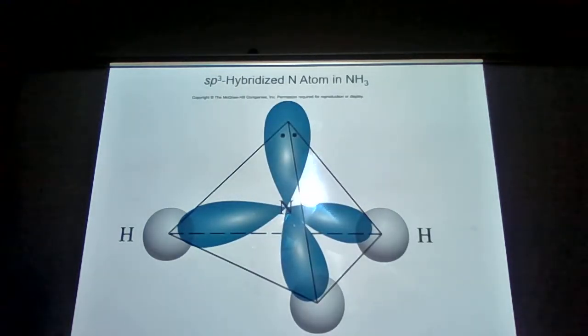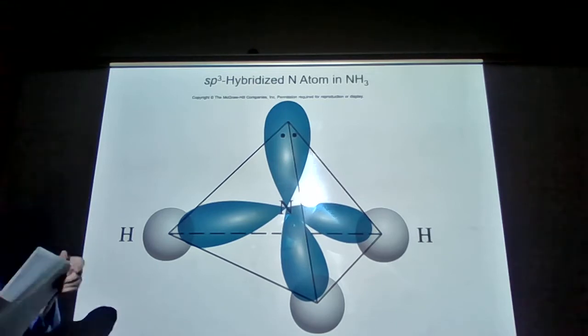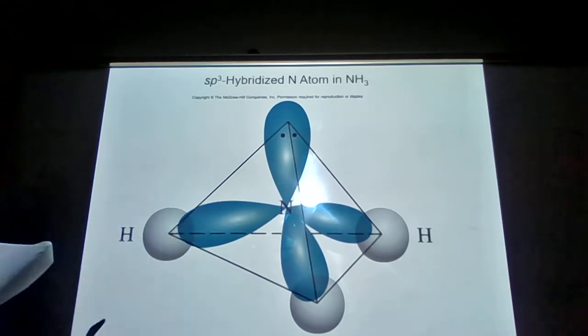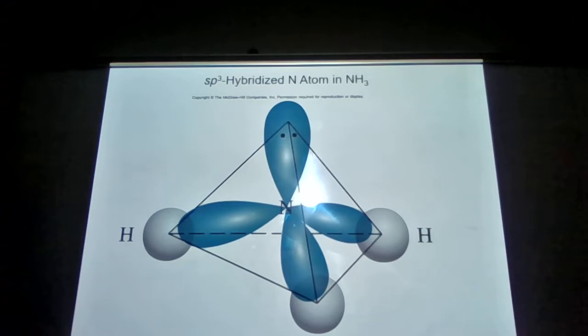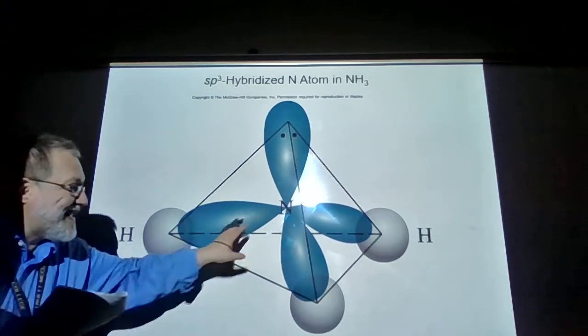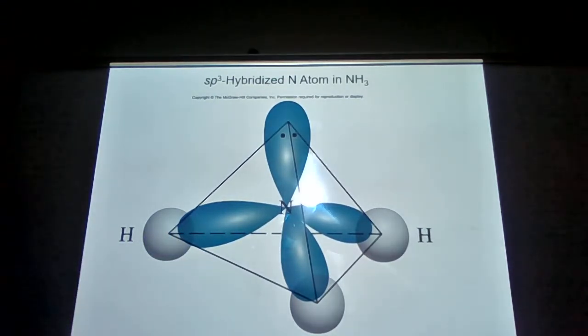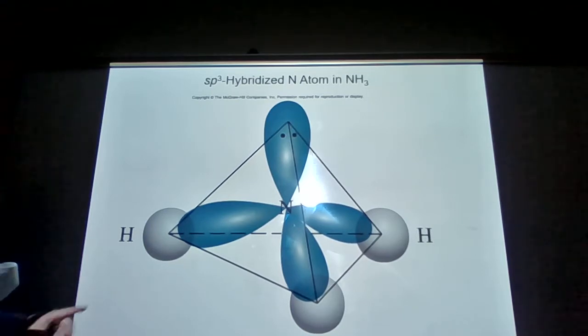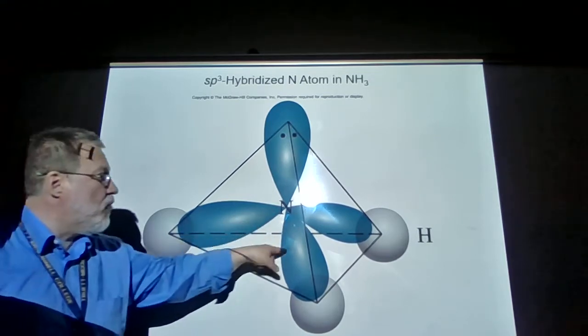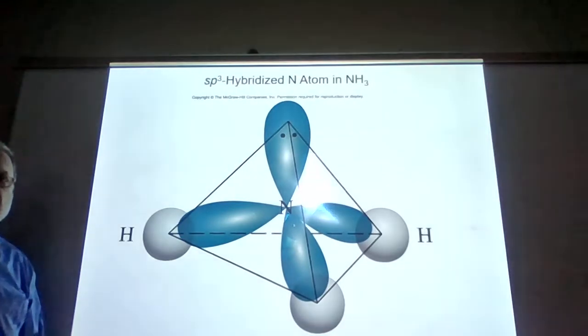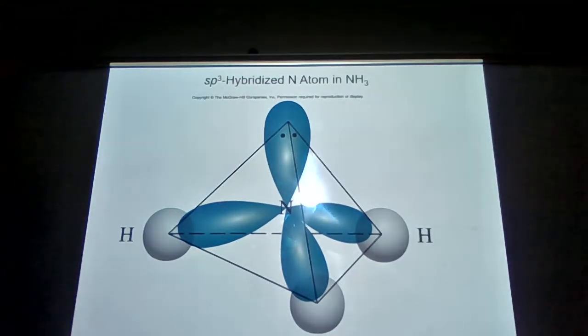Another example of sp3 hybridization is found in ammonia. The arrangement of 4 electron groups is, again, an electronic geometry that is tetrahedral, so we assume the orbitals are much like those present in carbon.